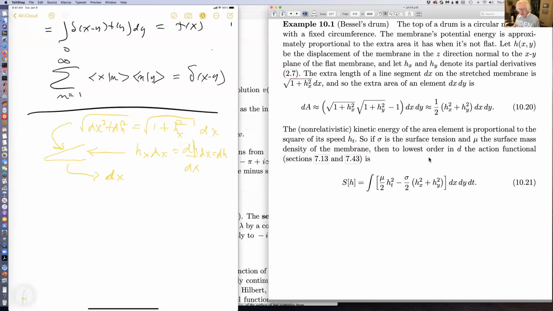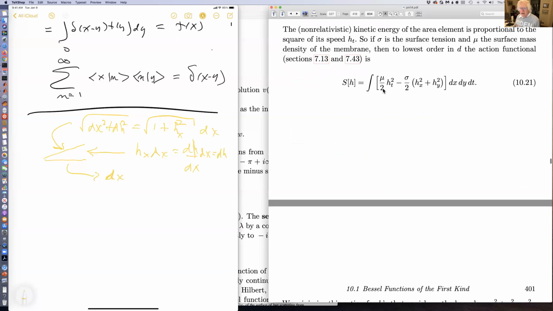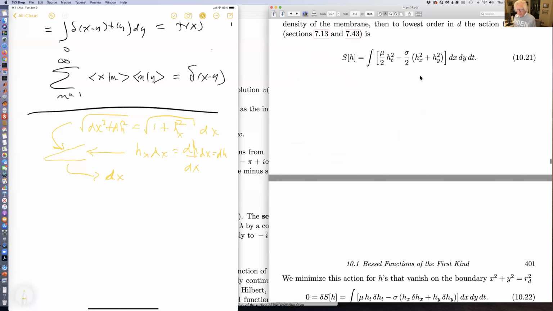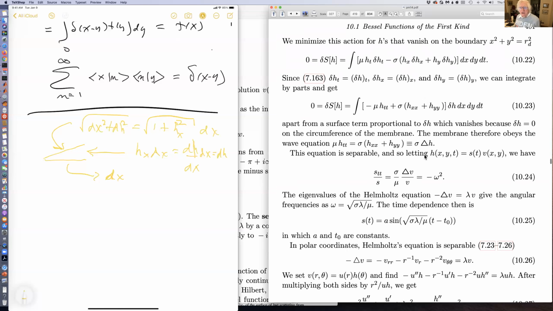And so we add in a surface tension term to convert the extra area to energy. And we introduce a mass density to convert a squared velocity to an energy. So we have this expression for the action. Action, remember, is kinetic energy minus potential energy for ordinary systems.